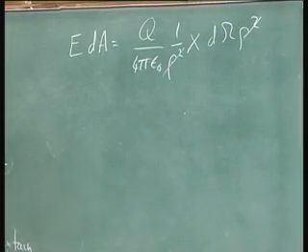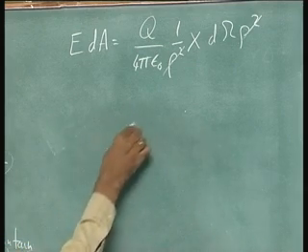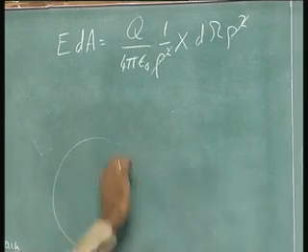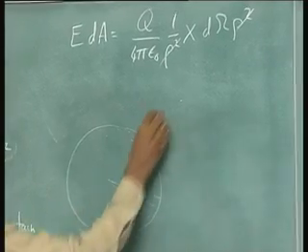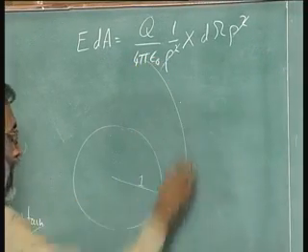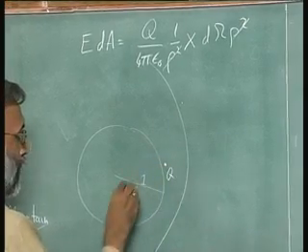Now, when I integrate, you will notice what I am integrating over. Let me redraw the picture. I have a unit radius sphere, I have another bigger sphere, and I have a charge somewhere, q.